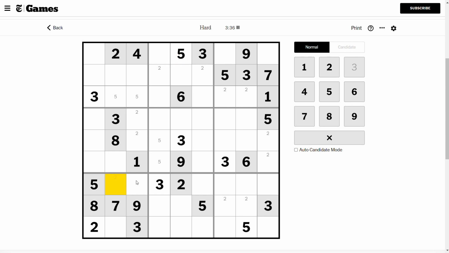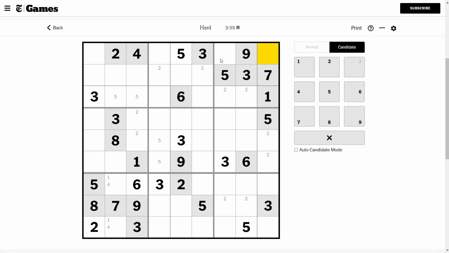Let's look at the missing digits of block 7. 1, 4, and 6 are the missing digits of block 7, but this cell sees 1 and 4. So the other 2 open cells contain 1 and 4, and this cell is made a 6. This 6 points right, so in block 3, the digit 6 is forced into row 1, and then these 6's point left.